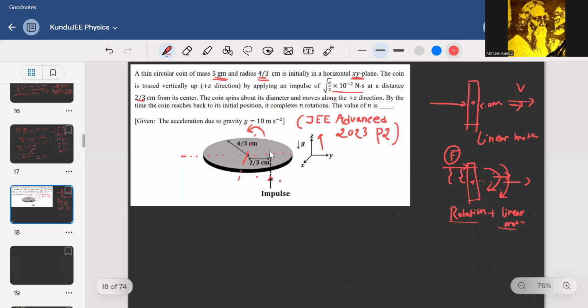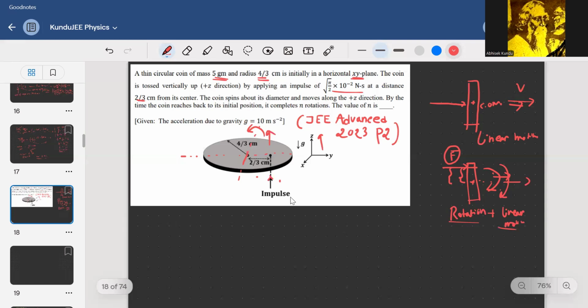You have to rotate this body as well as throw it upward. So it is a combination of linear motion as well as rotational motion. Okay. So this is the fundamental mechanics involved in coin tossing that I wanted to discuss. Now let us solve this problem step by step.